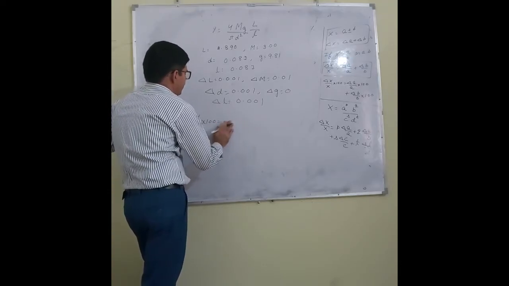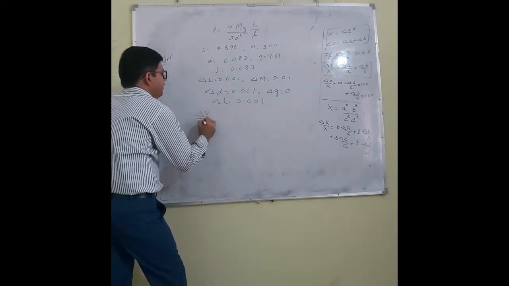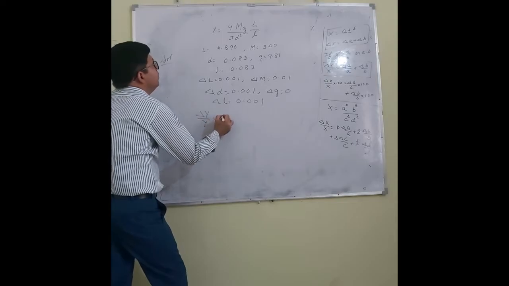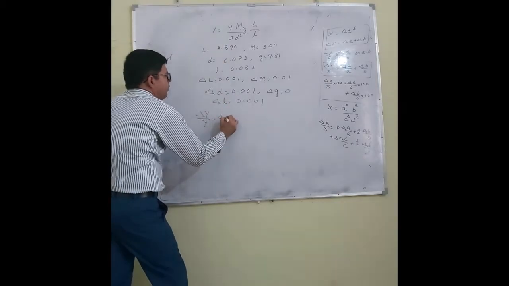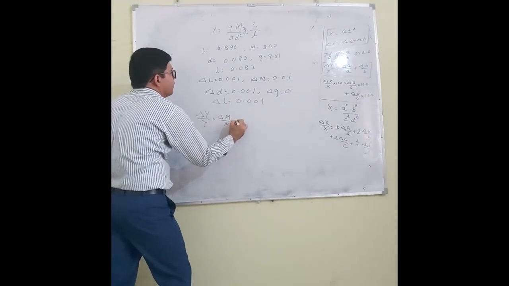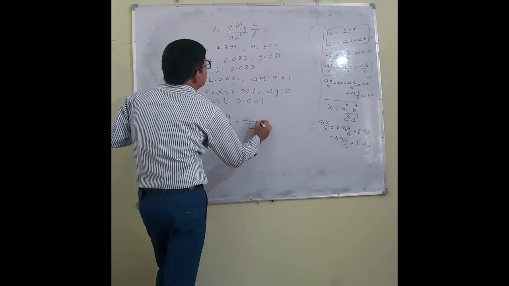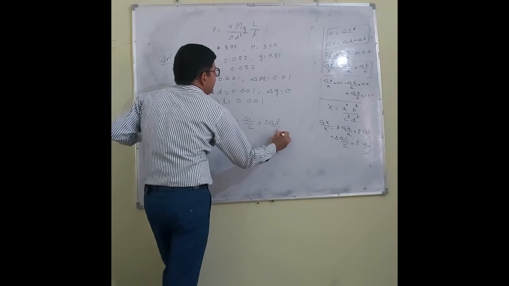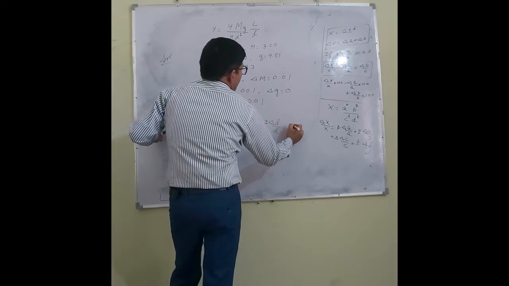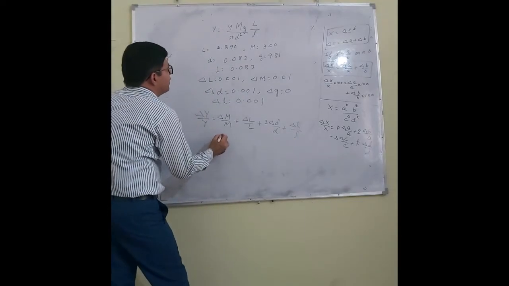First let me calculate the relative error in Y. It equals, 4 has no error, error in mass, plus relative error in length, plus 2 times the relative error in diameter, plus relative error in elongation. Just put in their values.